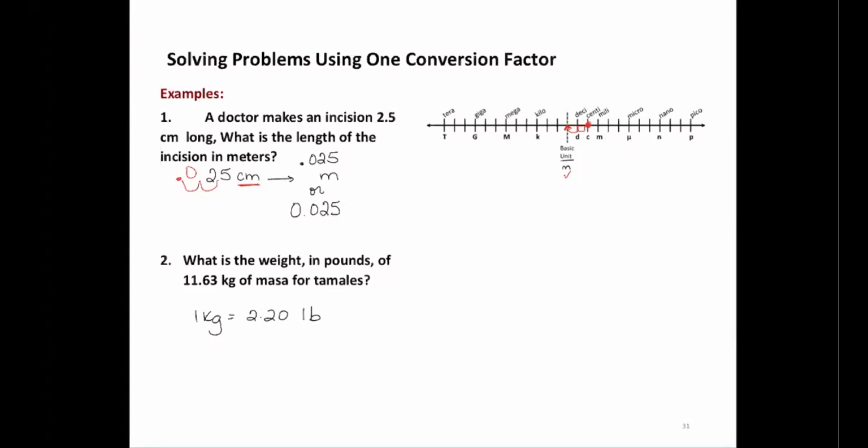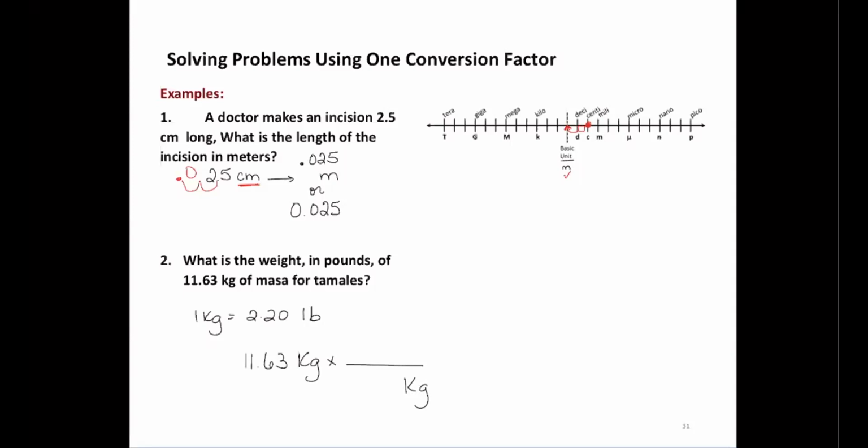So I write the unit given, 11.63 kilograms. My equalities can be turned into a fraction. This is called dimensional analysis. How do I know how I'm going to write this as a fraction? We always want to cancel units diagonally. So if I want to cancel kilograms, I need to put kilograms here.